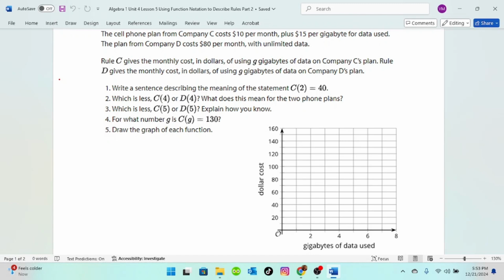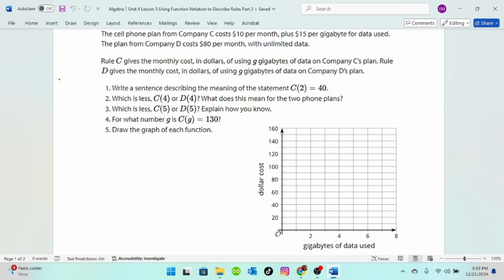Rule C gives the monthly cost in dollars of using G gigabytes of data on Company C's plan. Rule D gives the monthly cost in dollars of using G gigabytes of data on Company D's plan.